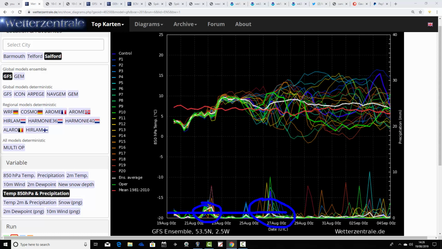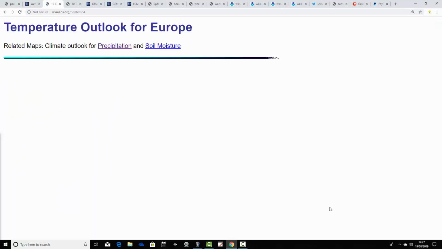And of course I'll get to the generic charts in a moment. You'll be able to see why it's quite a confused picture for this bank holiday weekend. But it's not entirely dry, it's not entirely settling down over the next week. And even in the start of September, there are some precipitation spikes creeping through.